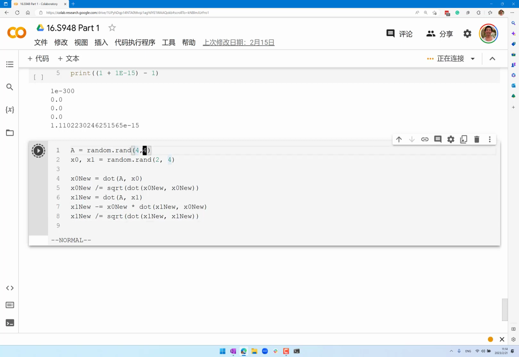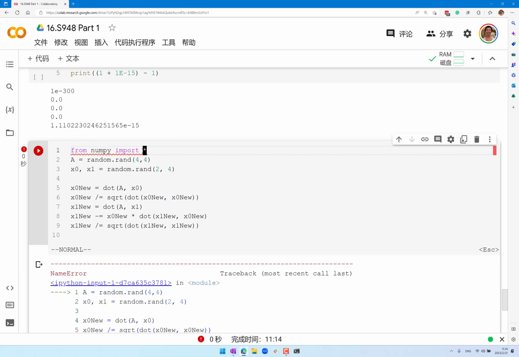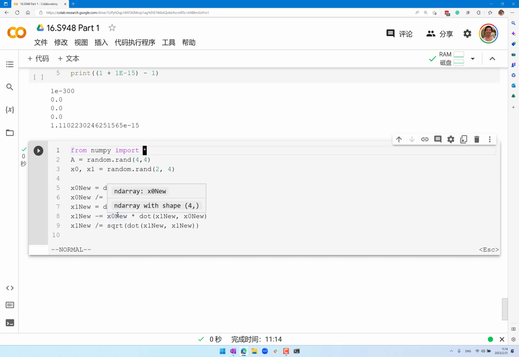Oh, I think I need to import a bunch of things. Let's actually import all of numpy. Okay, so now this works, and let me demonstrate the equivalence between the few numbers we got over here and the multiplication with the upper triangular matrix.